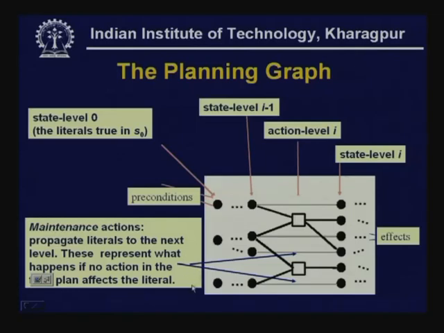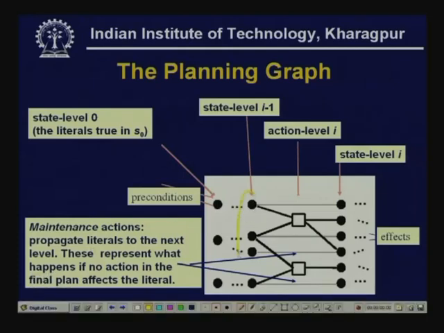So, in the planning graph, suppose this is the state level i minus 1, which consists of the propositions Pi minus 1. And suppose we have the state level i consisting of the literals Pi, and this is the action level i. Now, this is state level 0. These are the propositions which hold in the initial state, which are known to us.